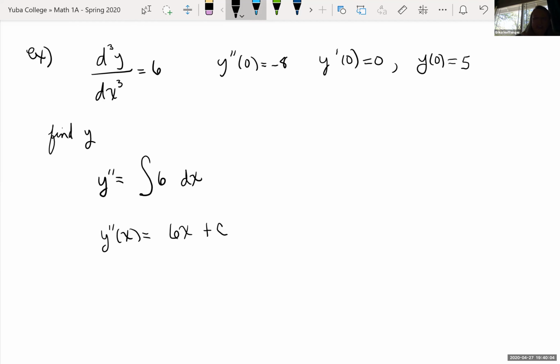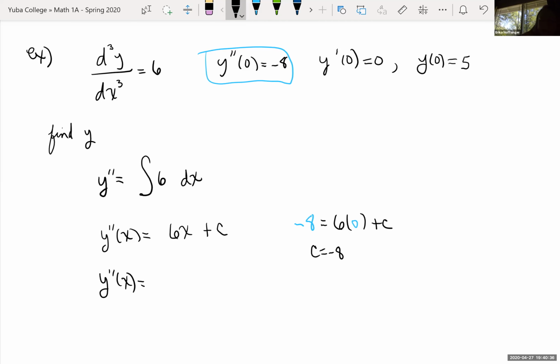I'm given information about the second derivative: when x is 0, it is negative 8. So we can use that to figure out what c is. Negative 8 is equal to 6 times 0, plus c. So c has to equal negative 8. So really our second derivative of y is 6x minus 8.